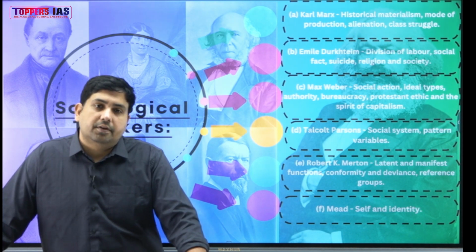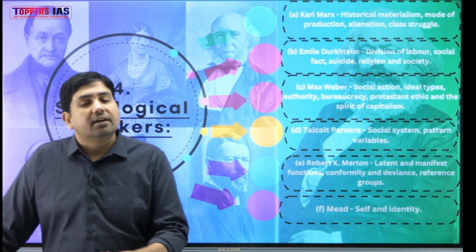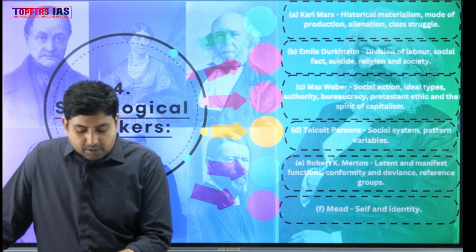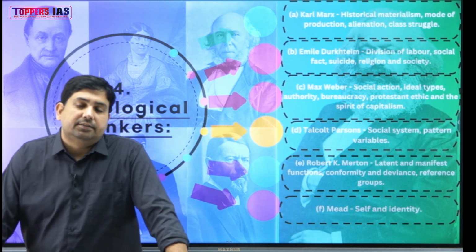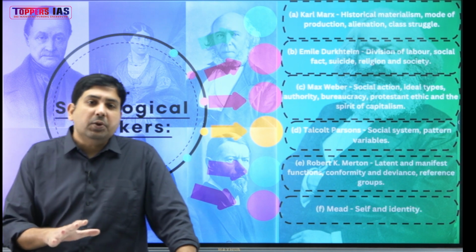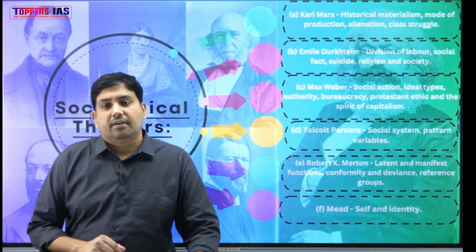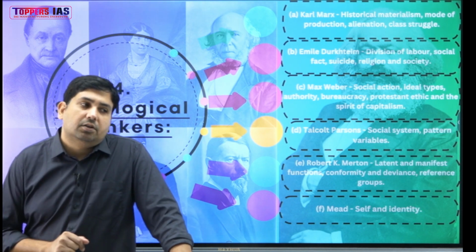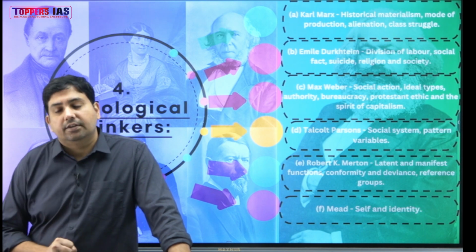Okay. And as I said earlier, these thinkers are considered the core of sociology, the backbone of sociology. Once you are strong in thinkers, then the other topics, the following parts of sociology, will be quite easy for you, very easy to understand.